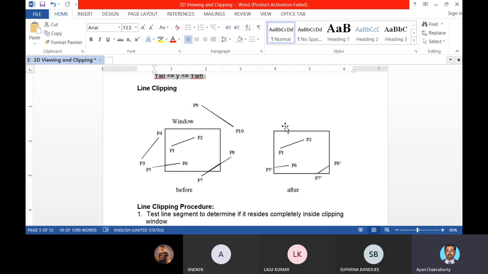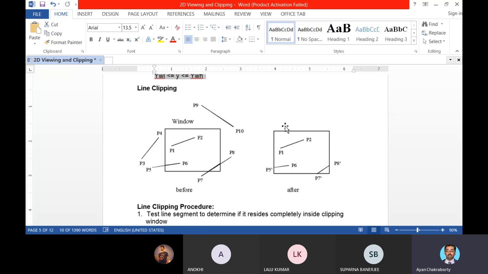So using these two images, you can see here there are three types of visibility. There are three types of visibilities in clipping operations we have. So what are these three types of visibilities?